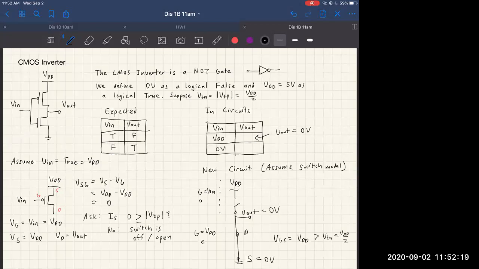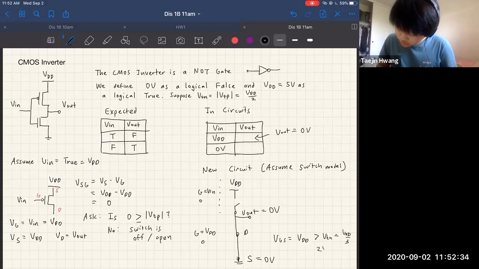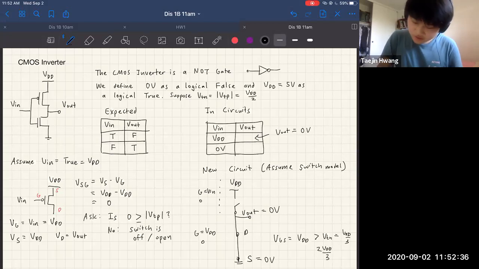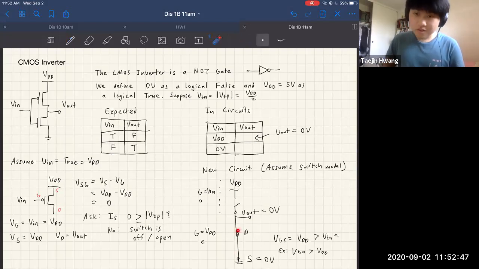Would it still have worked if VTH was just not divided by 2? Yeah, so I think if V threshold is VDD over 3 or 2 VDD over 3, it all works, right? But if V threshold is greater than VDD, for example, then it wouldn't work, right?